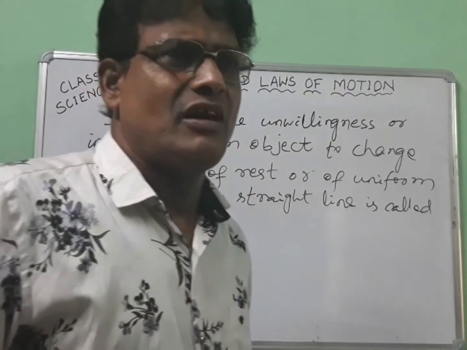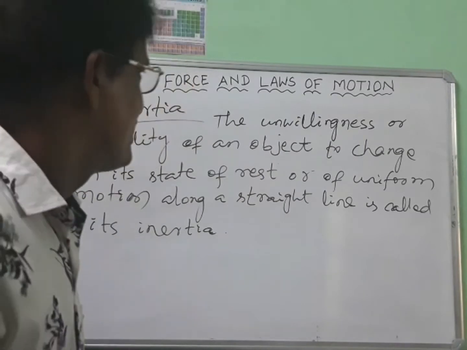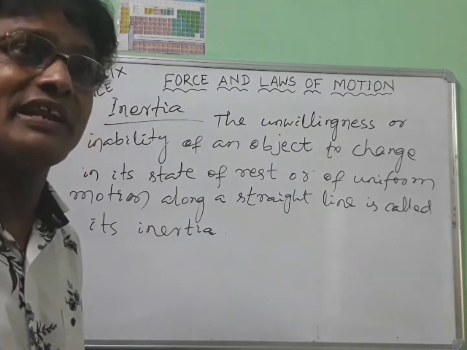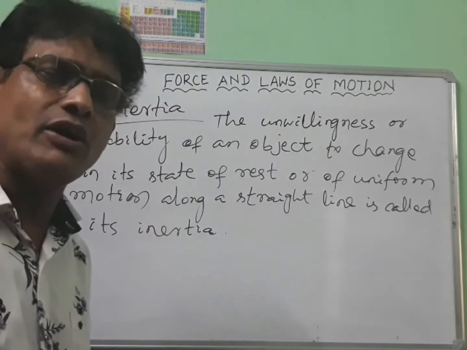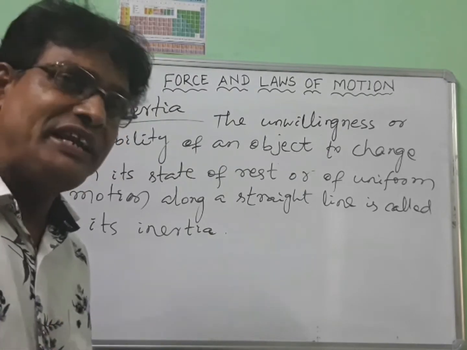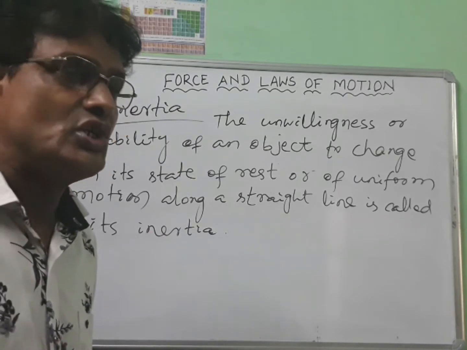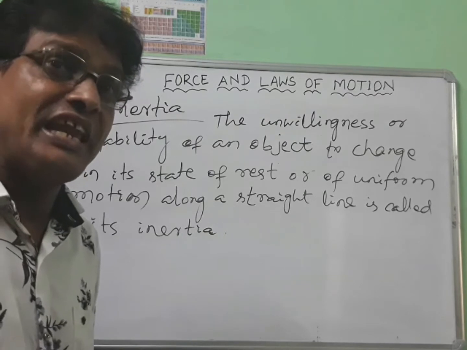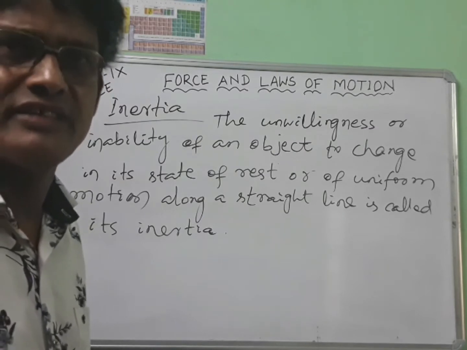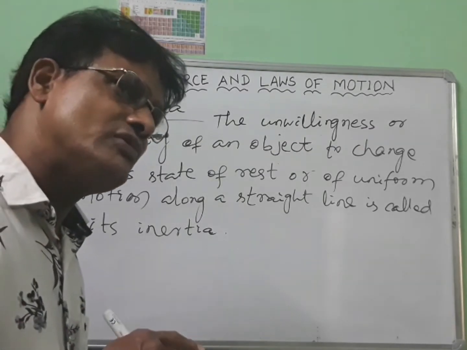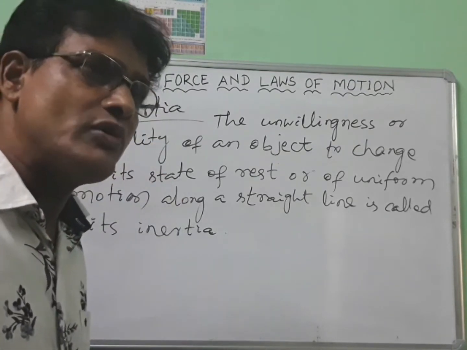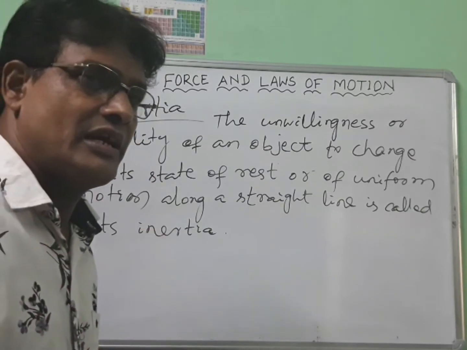On the contrary, you can say the ability of a rest object to be at rest continuously, and the ability of a moving object to remain continuously in motion along a straight line is called inertia.